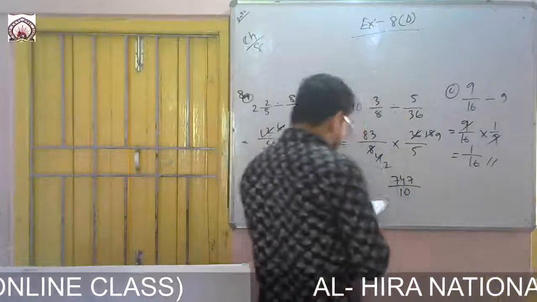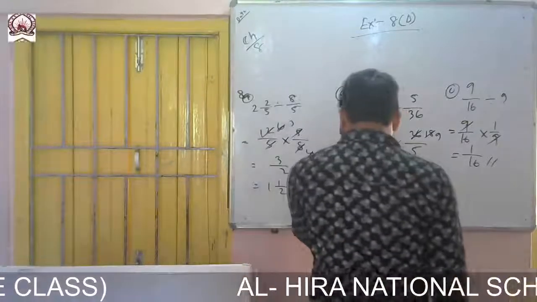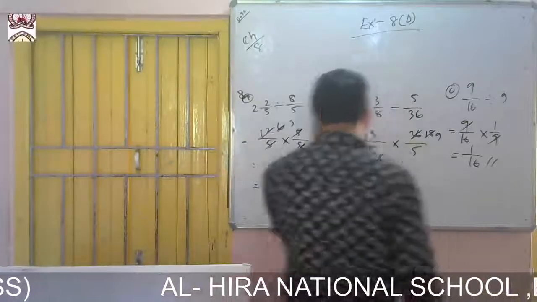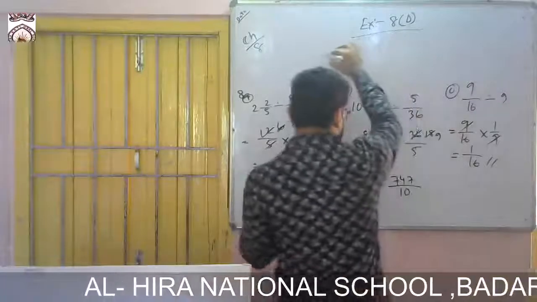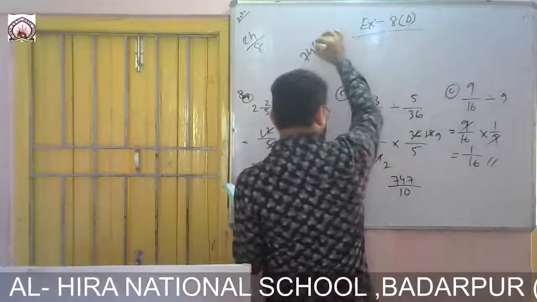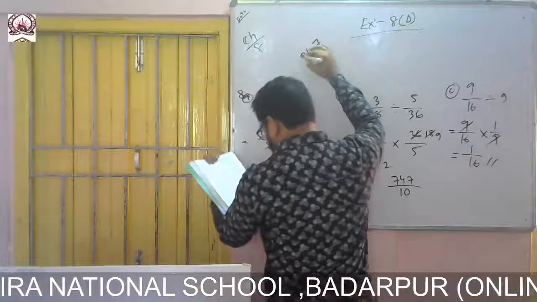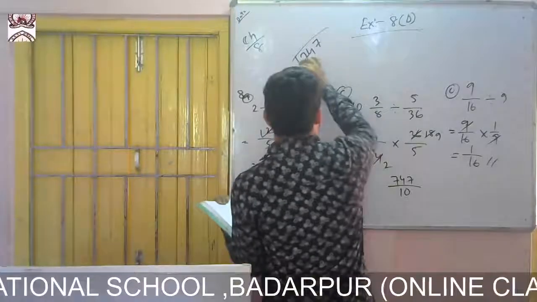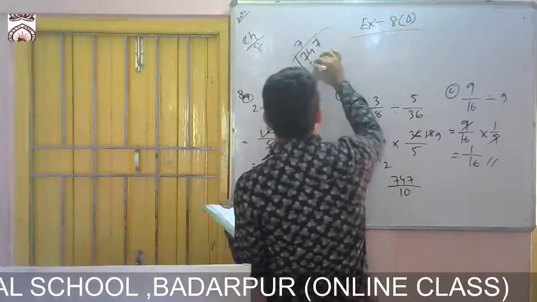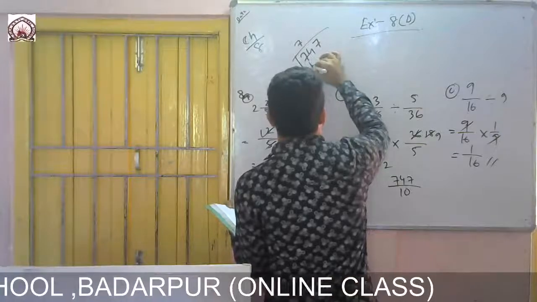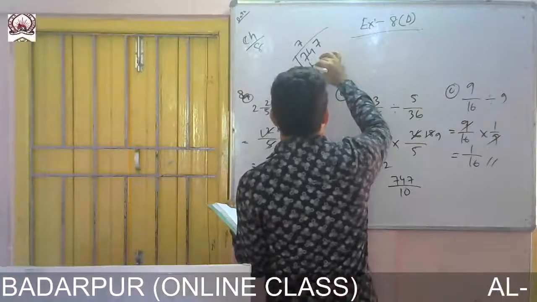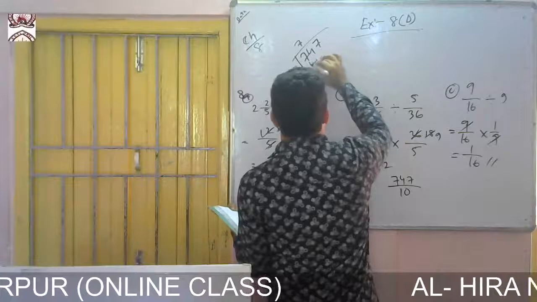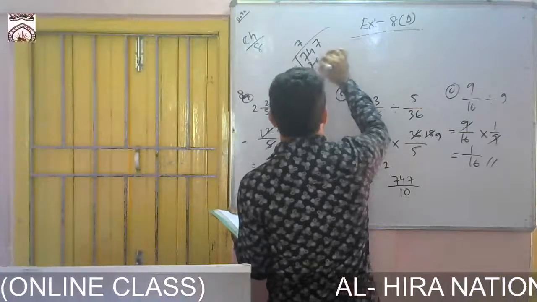Now what you take into a mixed fraction. So you do like this, 74 by 10. 10 7s are 70.